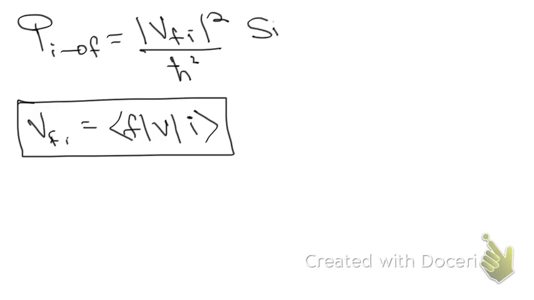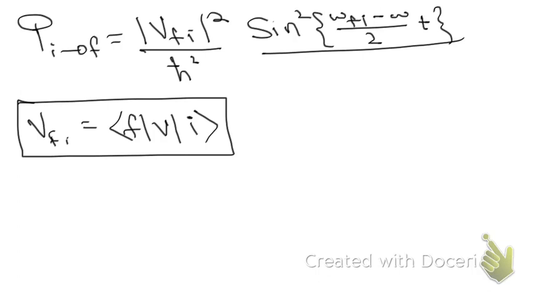So I'll have my sine squared of omega fi minus omega over 2 times t, all this over my omega fi minus omega over 2 whole squared.